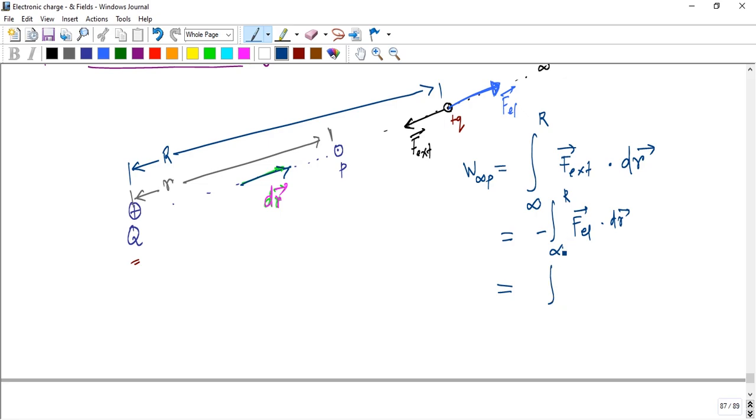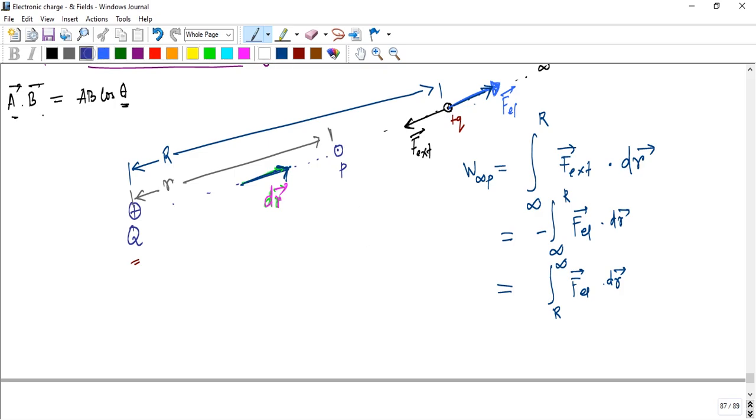Now change the limit, so R to infinity of F electrostatic dot dr, and dr and the electrostatic force are both in the same direction. If both are in the same direction, for a dot product A dot B equals AB cos theta, where theta is the angle between the A and B vectors.